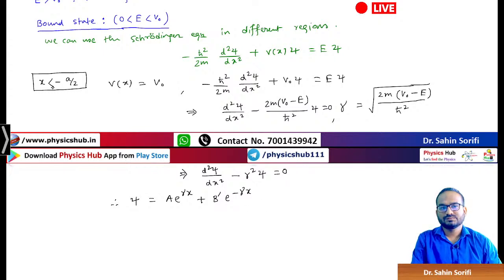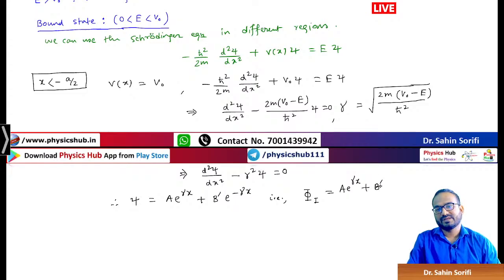So to denote this as the wave function of region 1, we are alternatively expressing this as phi 1 equals a e to the power gamma x plus b prime e to the power minus gamma x.